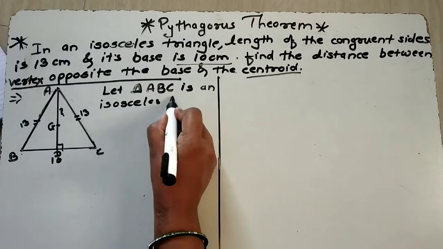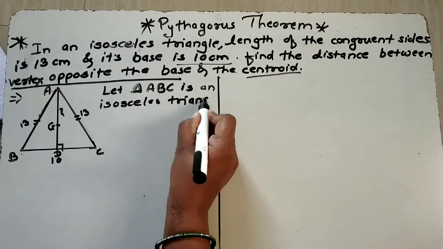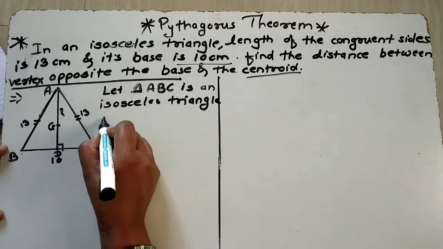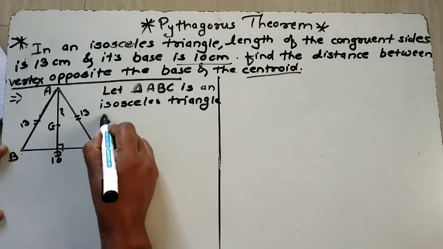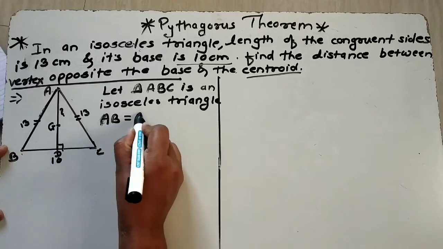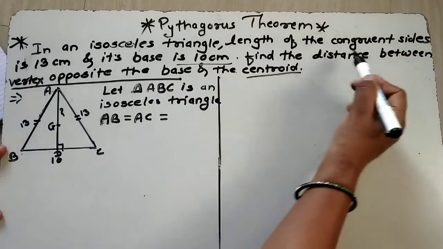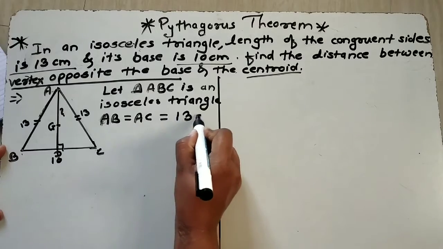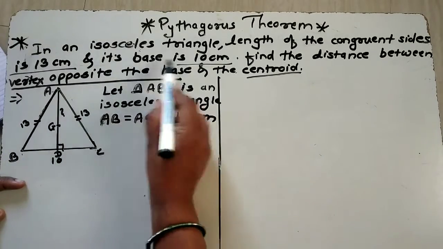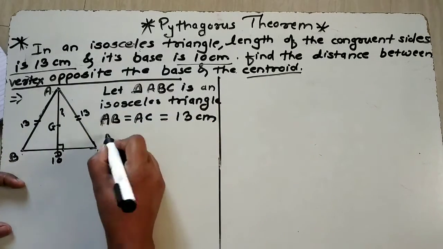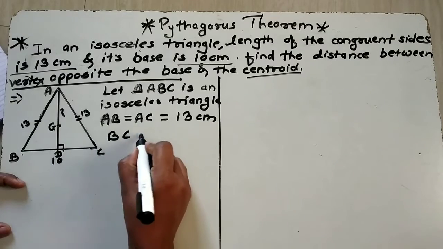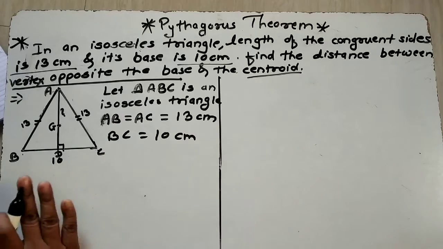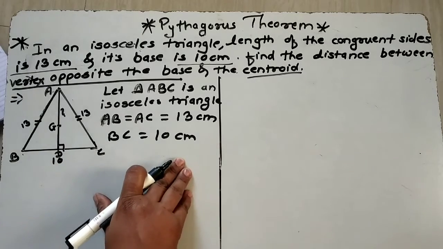The congruent sides AB and AC, whose measure is given as 13, so AB is equal to AC is equal to 13 centimeter, and the base is 10 centimeter. BC is the base, so BC is equal to 10 centimeter. According to the information we drew the figure and wrote its information.